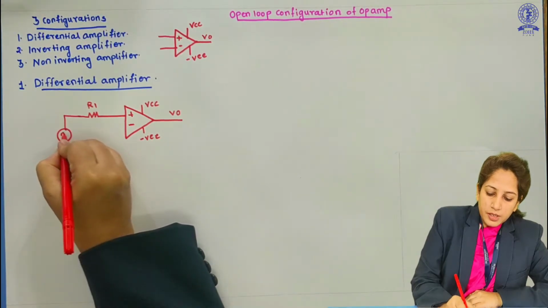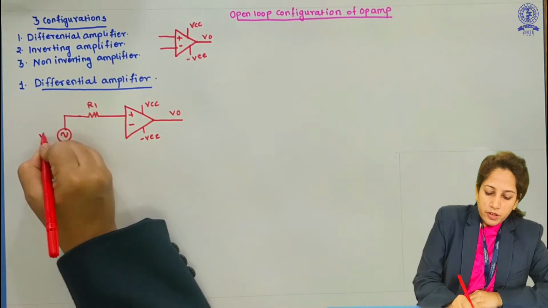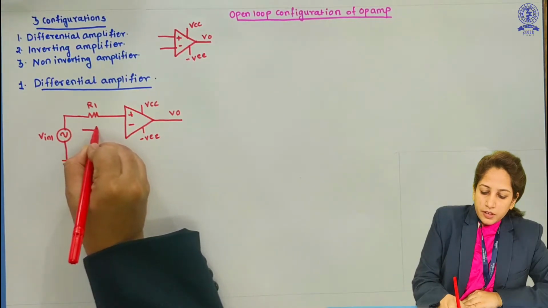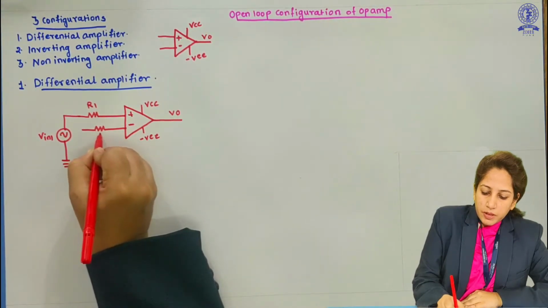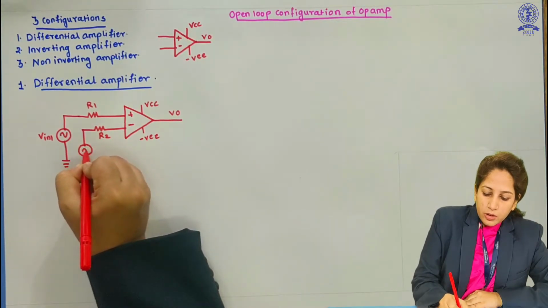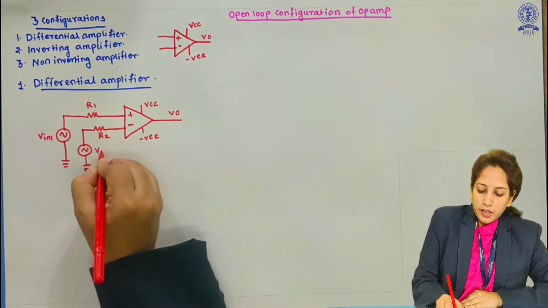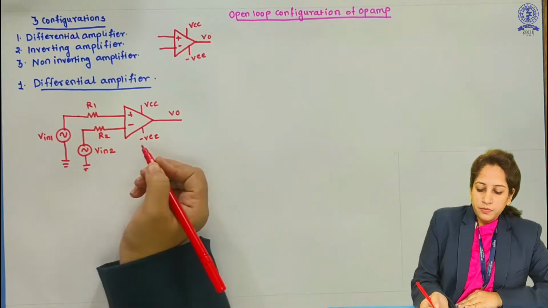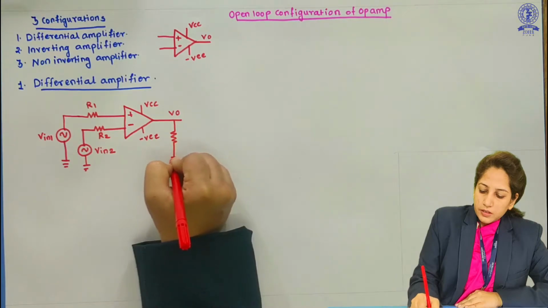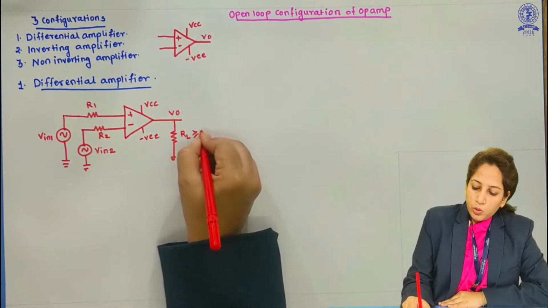Here I will apply an AC source voltage, which I will call Vin1. Again I will add one resistance here, R2, and here on the inverting terminal I will apply Vin2, and here the load resistance RL. Almost RL will be greater than or equal to 2K here.